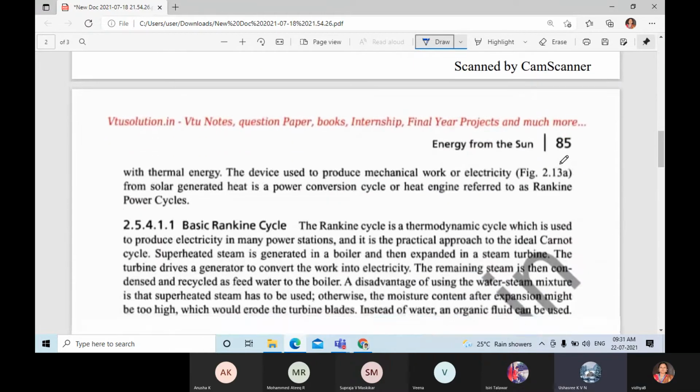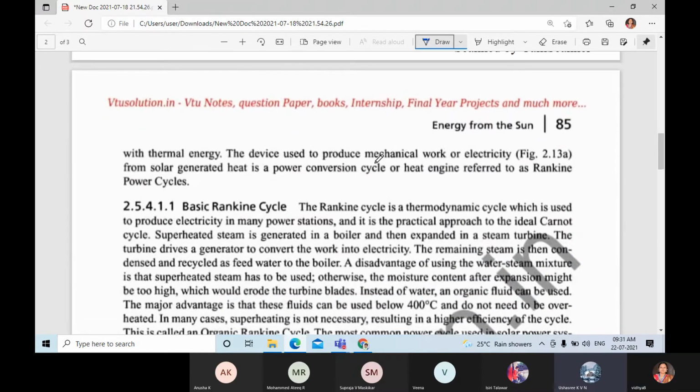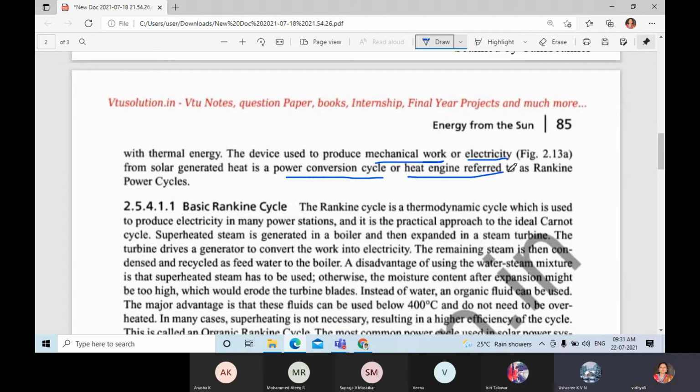The device used to produce mechanical work or electricity from solar generated heat is the power conversion cycle or heat engine, referred to as the Rankine power cycle. Now, the basic Rankine cycle.